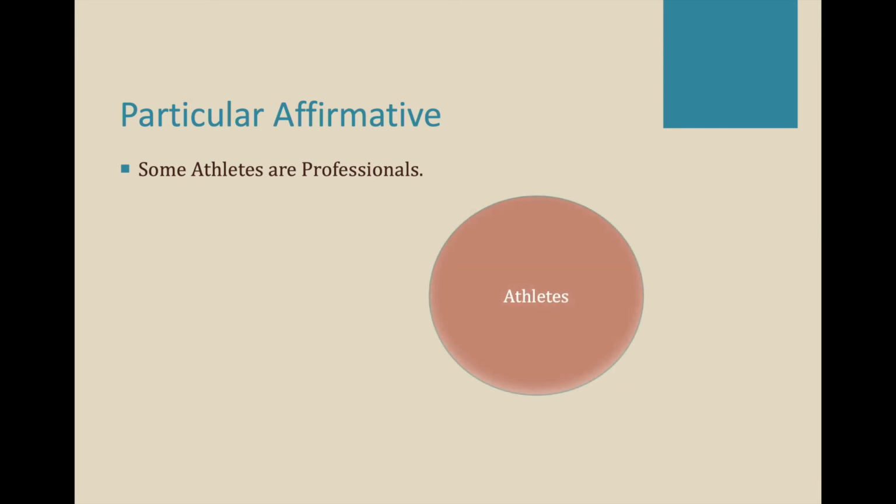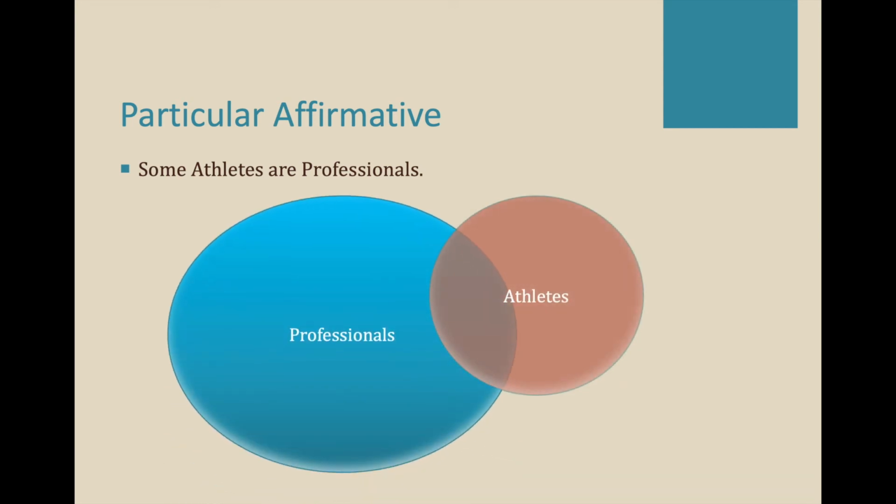Then we have particular affirmative. Here's an example. Some athletes are professionals. Notice that it's "some," so it's particular, and it says "are," which tells us it's affirmative. In other words, some members of the class of athletes are included in the class of professionals. So we have the class of athletes and the class of professionals, and we see that the categories overlap.